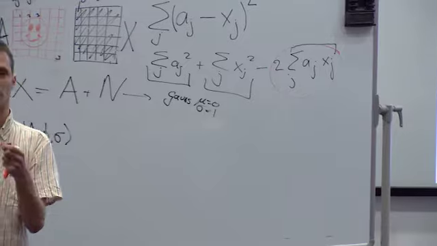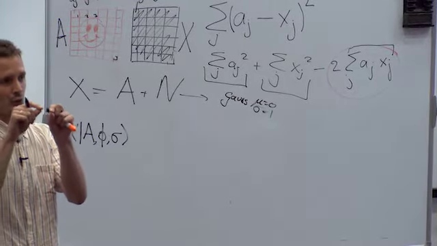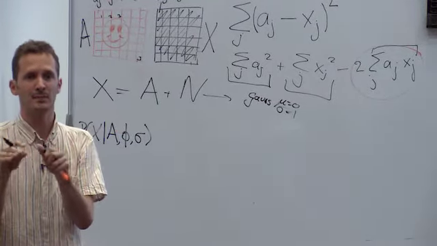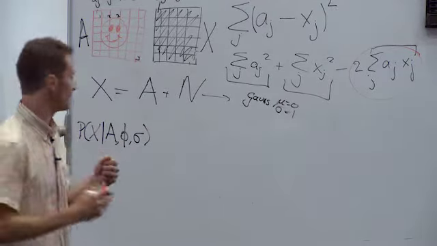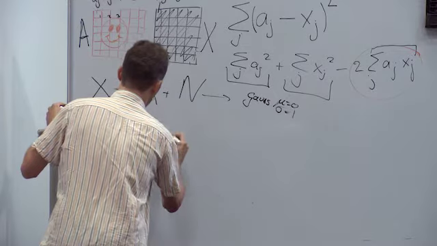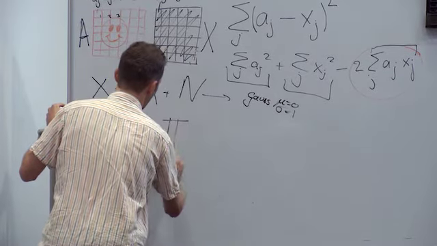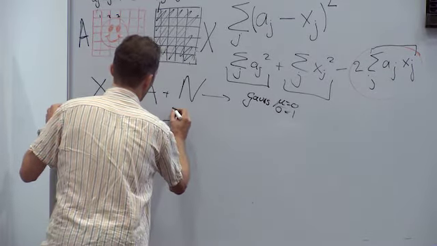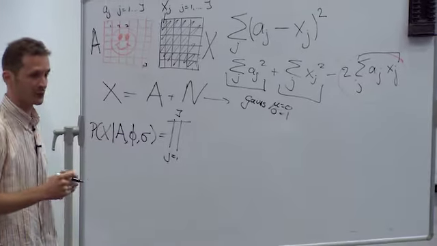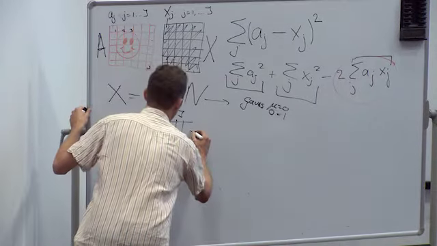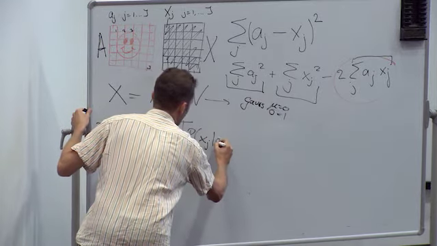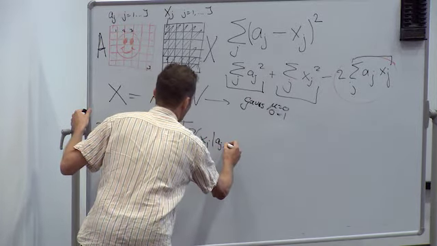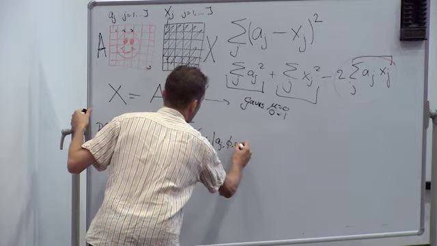If we assume that the noise in every pixel is completely independent from all the other pixels, then we can multiply the probabilities. So I'm going to put a big multiplication over all the pixels in the image, and we're going to take the probability of each individual pixel xj, given aj, then given some relative rotation and sigma.